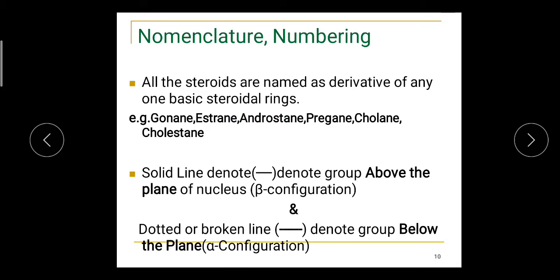Solid lines denote the groups above the plane of the nucleus, and this is called the beta configuration. Dotted lines denote the groups which are below the plane, and that configuration is the alpha configuration.